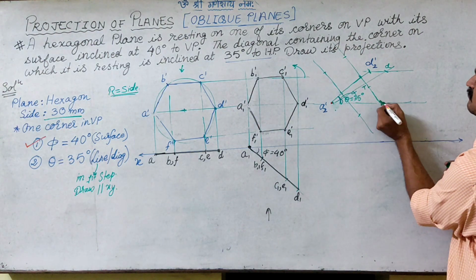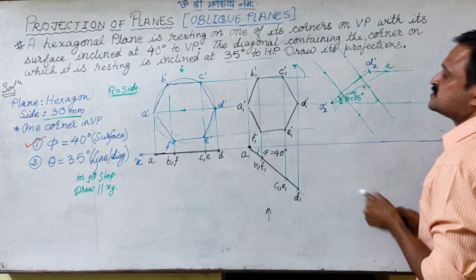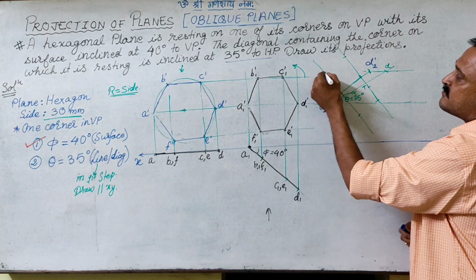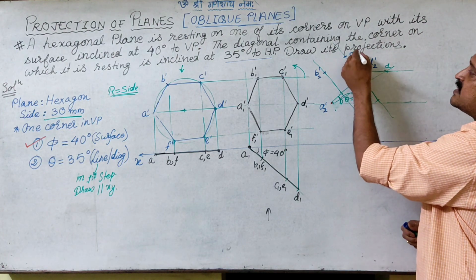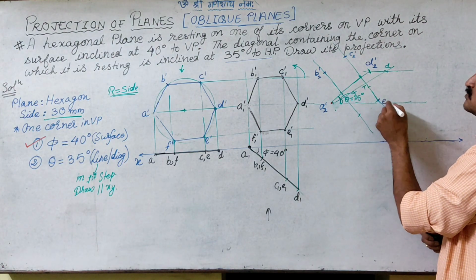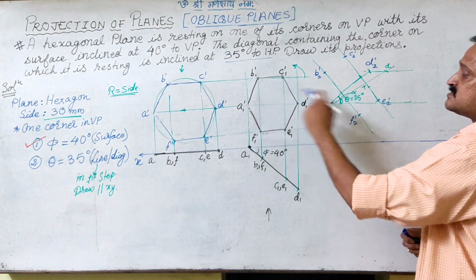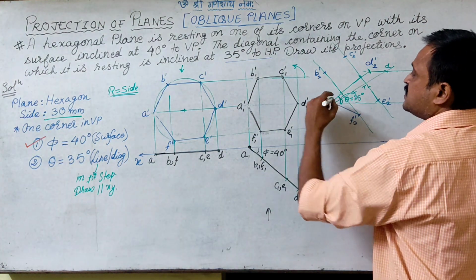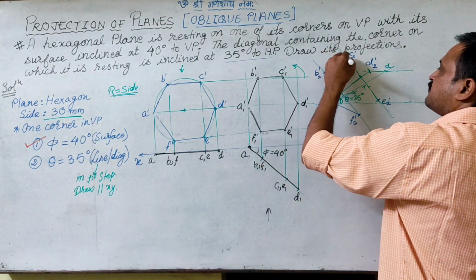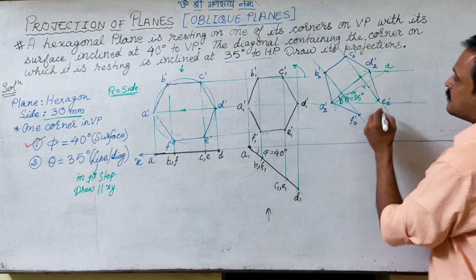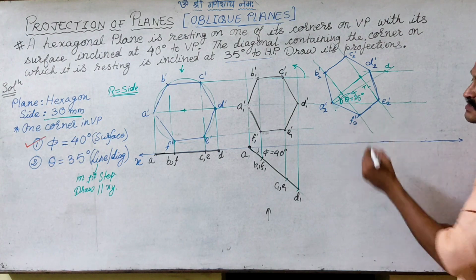Whichever method you find easier, you can adopt. So this is A2, and I have got B2 dash. This is C2 dash, D2 dash, E2 dash and F2 dash. This is the same hexagon we have produced here as the final front view. So the final front view is achieved.